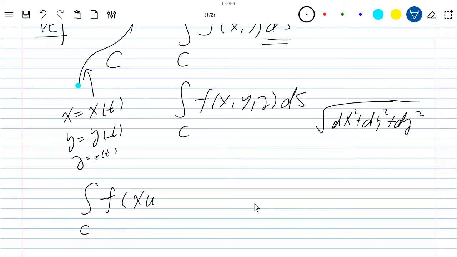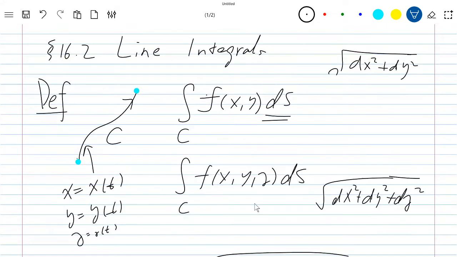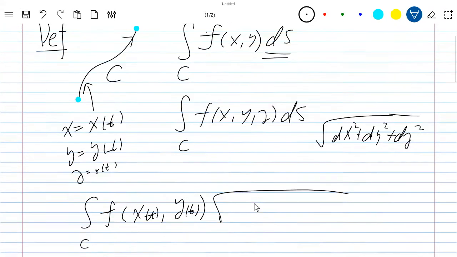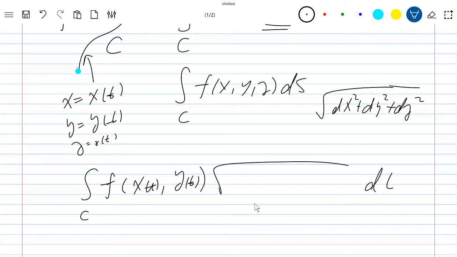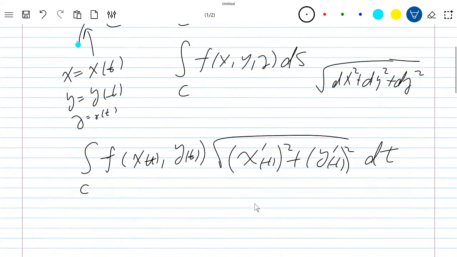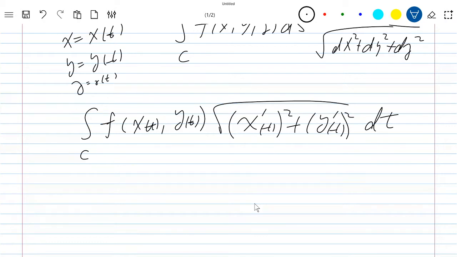This is f of x of t, y of t, and then this square root has dx and dy. We can divide by dt, and inside it becomes dx over dt, or x prime of t, and y prime of t, like that. So that's how you integrate. And of course, you have to specify the range of t.